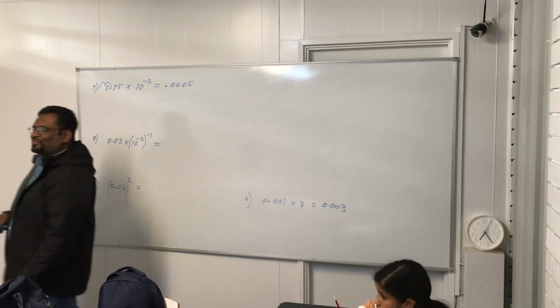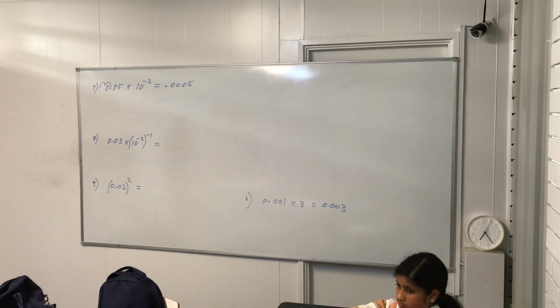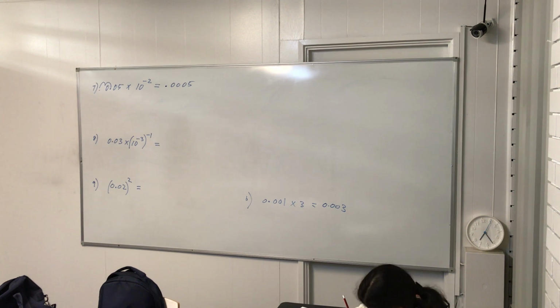What did your sister tell you when you showed this to her? She told you that she didn't learn this thing. I asked her before if she could help me with this, and she was like, oh, we didn't learn this in year 6.